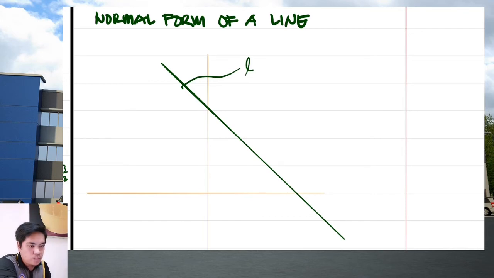And if we draw the normal intersection, that means from the origin, we'll draw a line segment perpendicular to that line. Ito. So, this will represent now the distance of that line L to the origin. Okay?